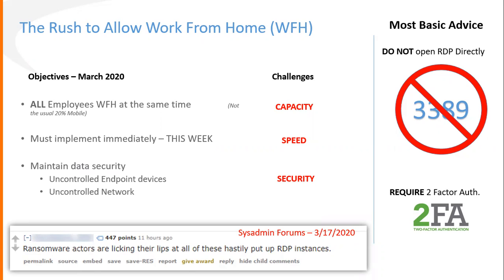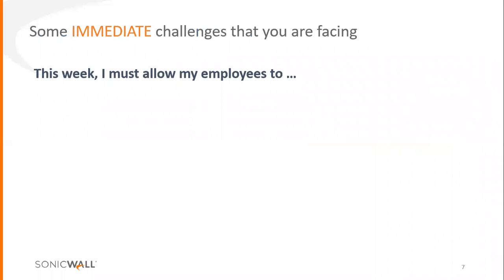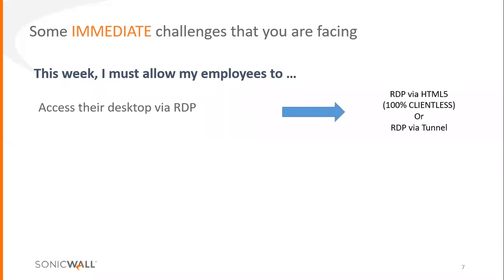That's why we have to increase the authentication level for your own client PC and also your server. Some of the immediate challenges you would like to address is letting the employee access their desktop by RDP. For our solution, we can access via HTML5, which is clientless, or using RDP via the tunnel.